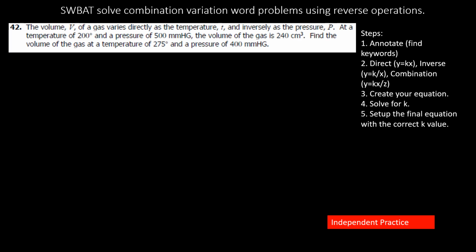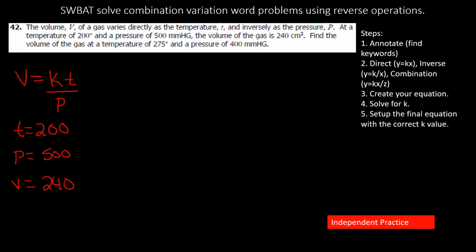The next question says the volume V of a gas varies directly as the temperature T and inversely as the pressure P. All right, so we have volume is equal to, the direct variation, so we have K times T over the pressure P. It says at a temperature of 200, so we'll say temperature equals 200, and a pressure of 500, the volume is 240.